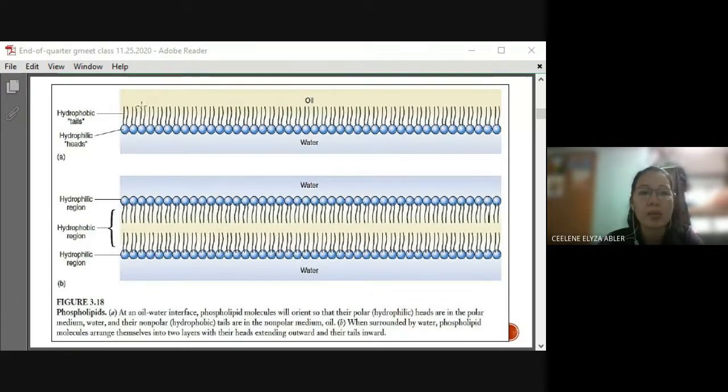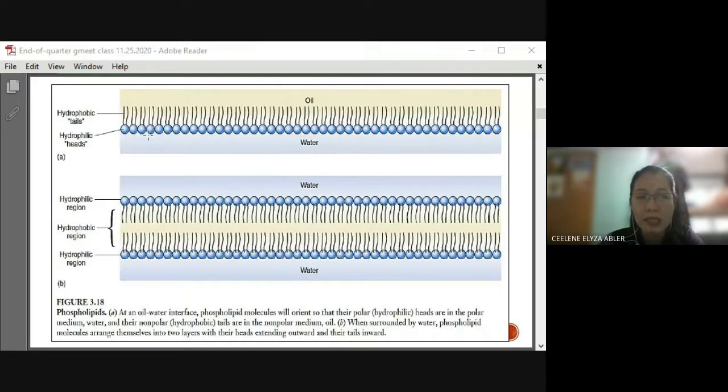So the only ones that they can allow into your cell, normally ito na side is just they face towards anything that is non-polar or meron siyang fats. Okay, another thing is we have your hydrophilic heads. Okay, your hydrophilic heads naman class is made up of your phosphates na group. Ito siya is the circle ones.